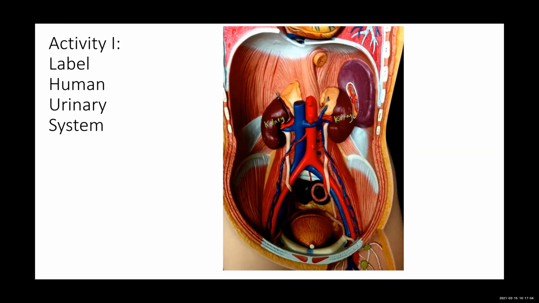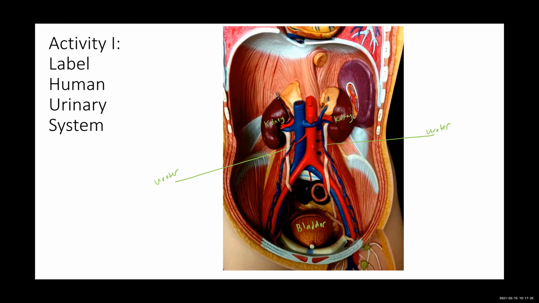The urine then flows into a tube called the ureter, which we can see here in this kind of off-white color, and then the ureters carry the urine into the urinary bladder where it is stored.